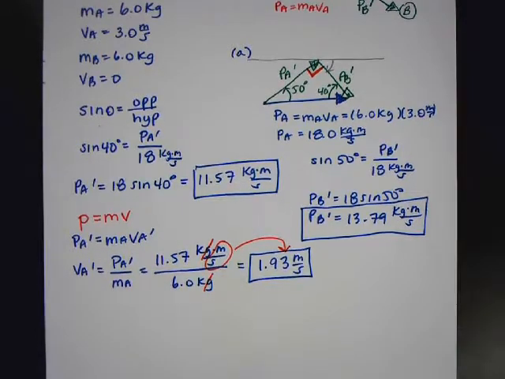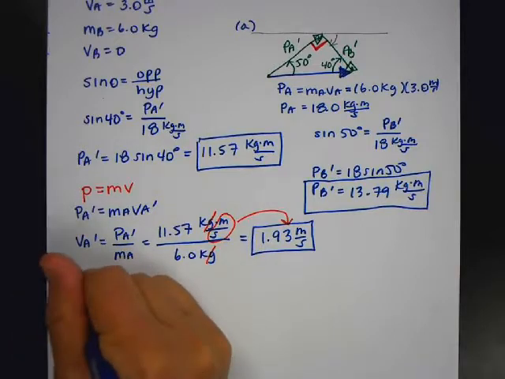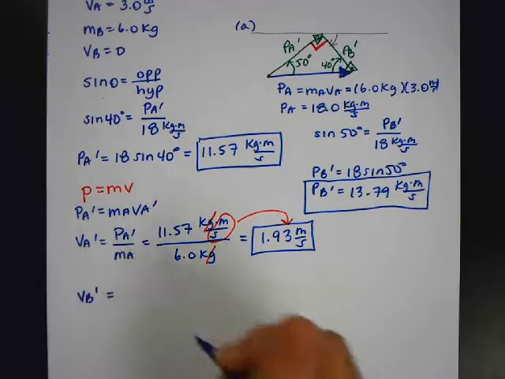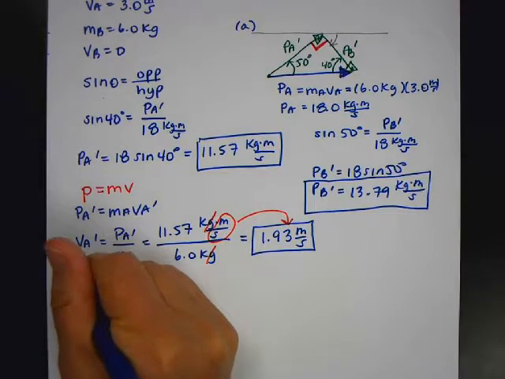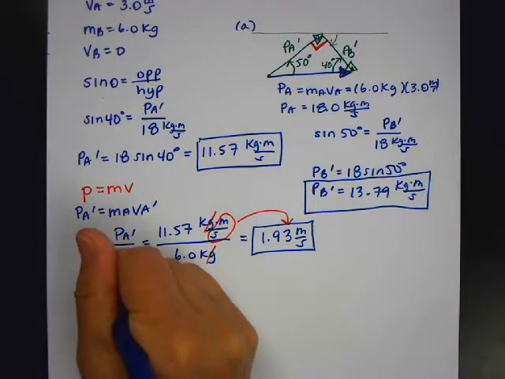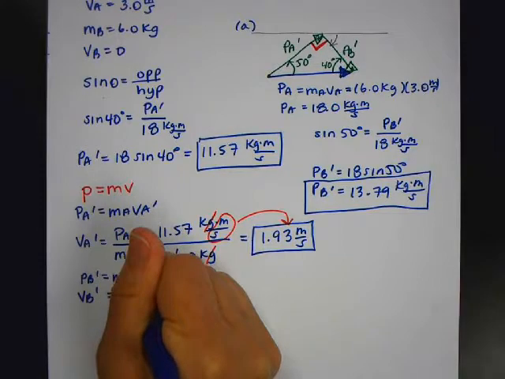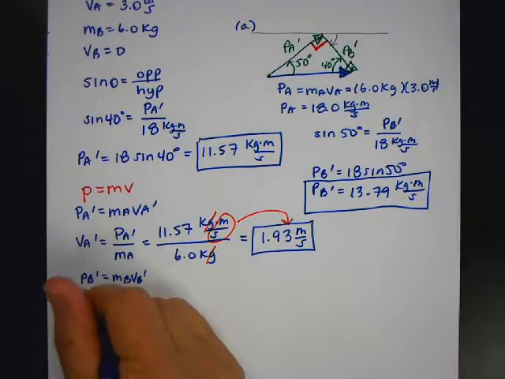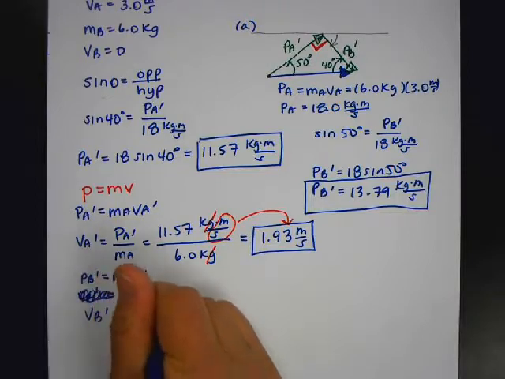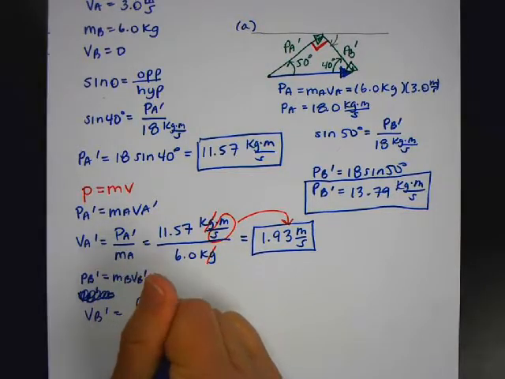And now I'll find VB prime. So VB prime, I could do the same thing. I could start off here and say PB prime is equal to MB VB prime. And then VB prime is equal to PB prime over MB.